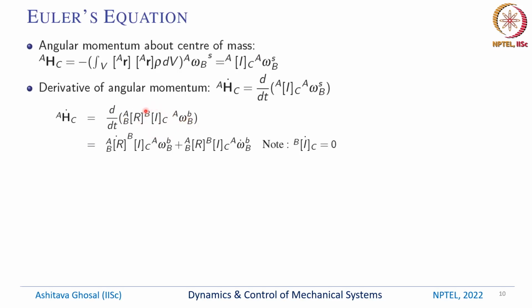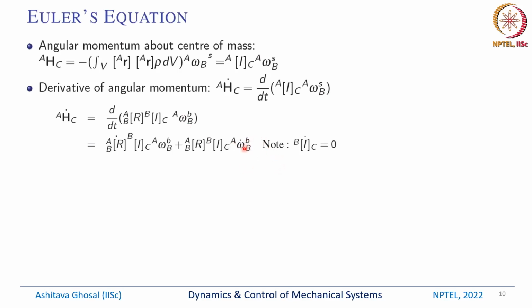Why are we doing this? Because this inertia matrix in the body coordinate system does not change with time. It is a bunch of numbers only, it's constant. So when you take the derivative of this, we will get some R dot into this inertia matrix into A omega B, plus we have this R into IC, because the derivative of this term will be 0, into A omega B dot, the derivative of the angular velocity.